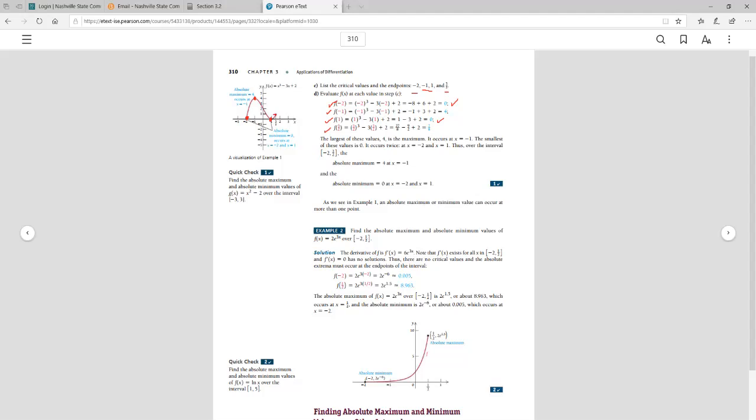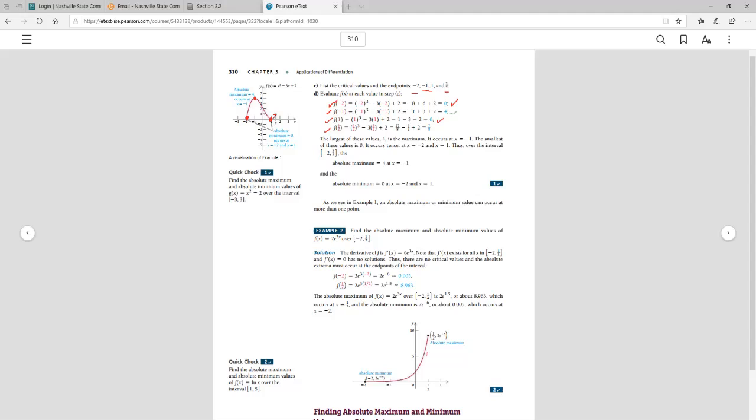We have these 2 y values of 0. Those are the lowest y values we have. What about the highest y value? Well, the highest y value is 4. So there's the highest y value.